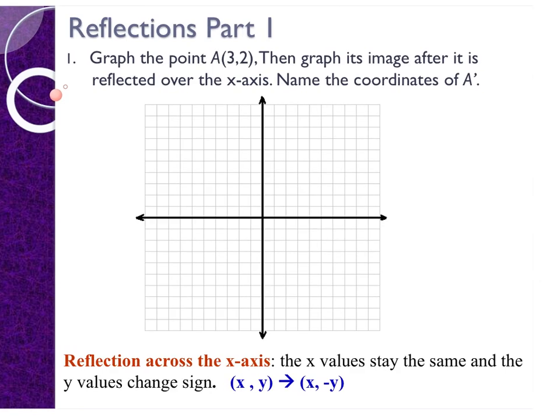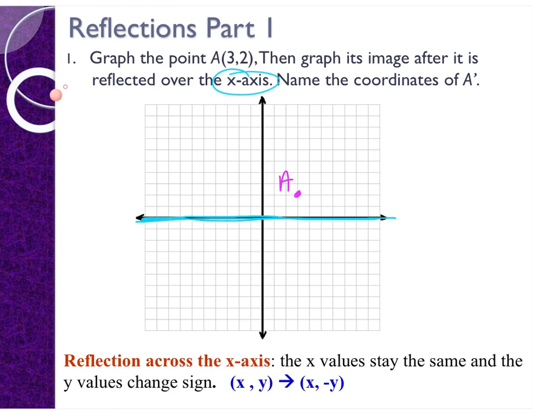Graph the point A (3, 2), then graph its image after it's reflected over the x-axis, and name the coordinates of A prime. So I'm going to label my A 3, 2. I'm going to use a different color here, and I'm reflecting over the x-axis, so I'm going to color my x-axis a different color.